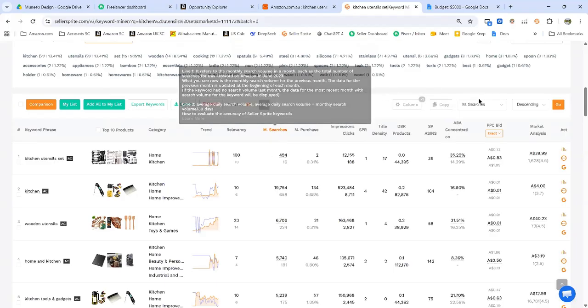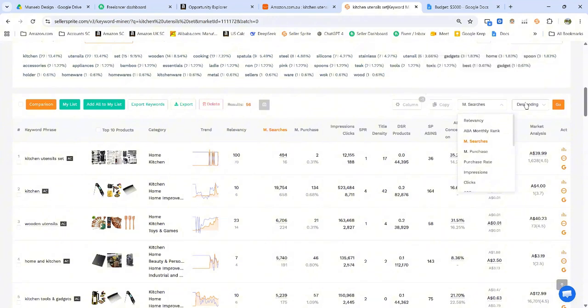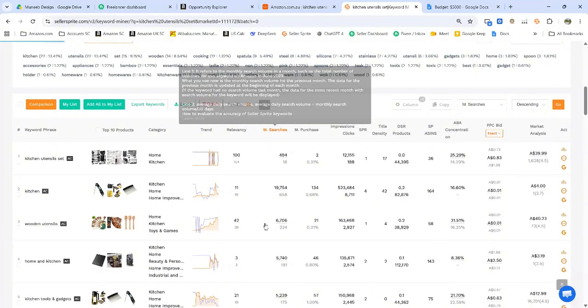So how we do that is we sort them by descending monthly searches.